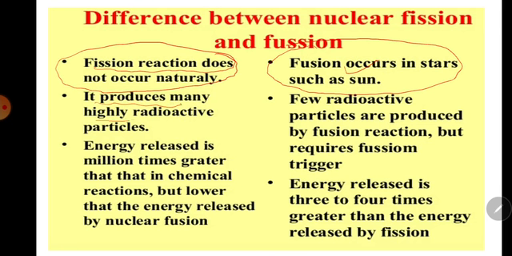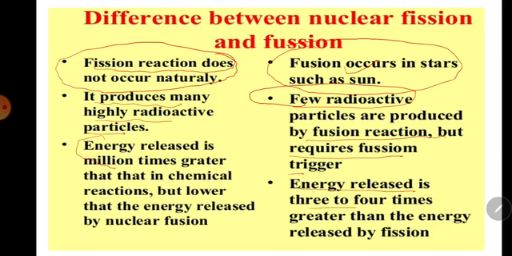Fission produces many highly radioactive particles. Few radioactive substances are produced by fusion. Energy released by fission is a million times greater than that in a chemical reaction, but lower than the energy released by nuclear fusion. Fusion reaction requires fusion triggers.